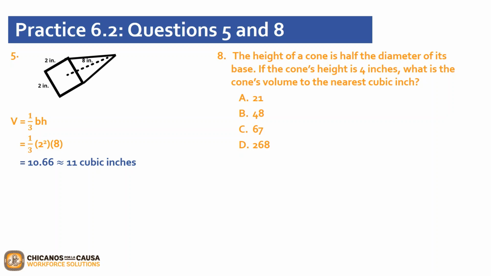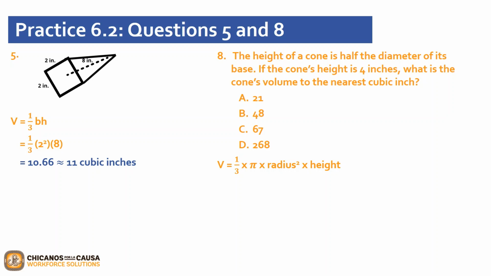Let's look at question 8. The height of a cone is half the diameter of the base. If the cone's height is 4 inches, what is the cone's volume to the nearest cubic inch? To find the volume of the cone, it is 1/3 times pi times radius squared times the height.